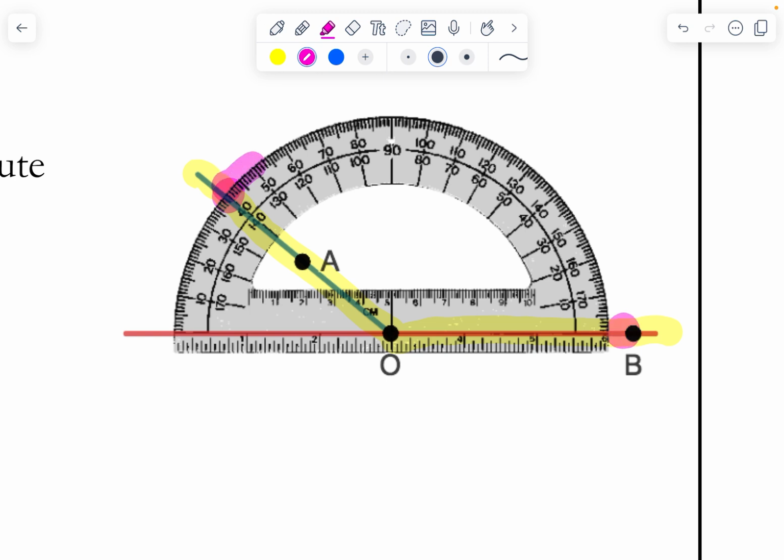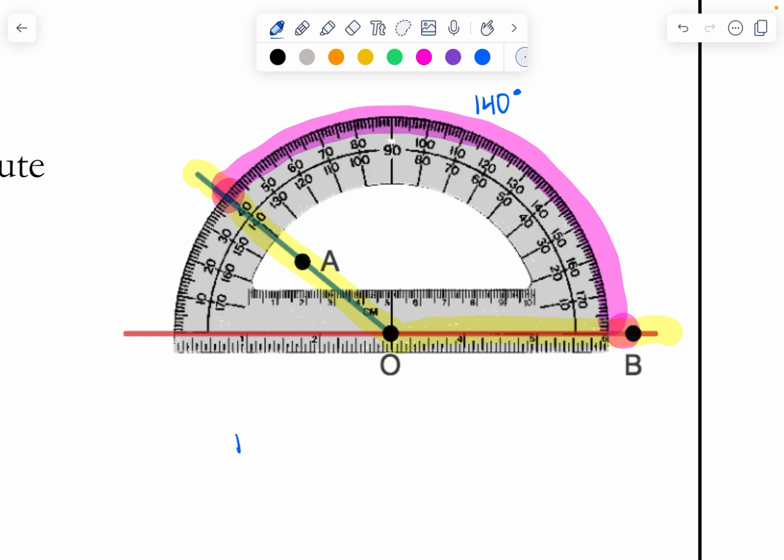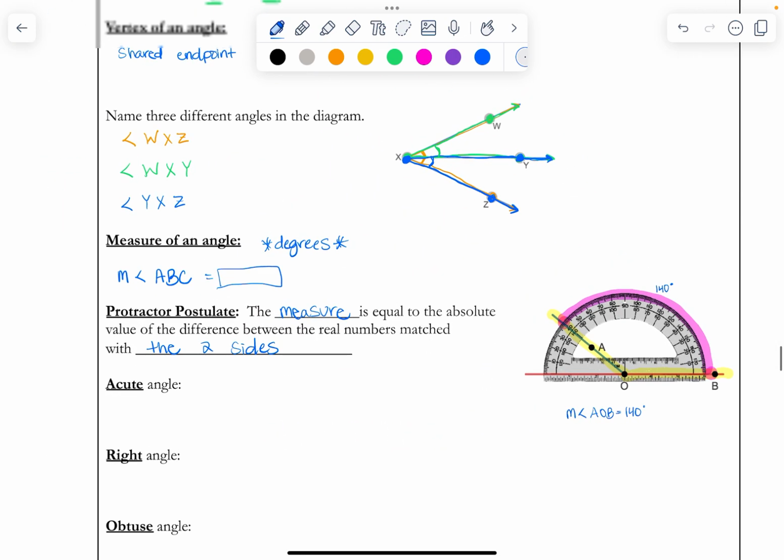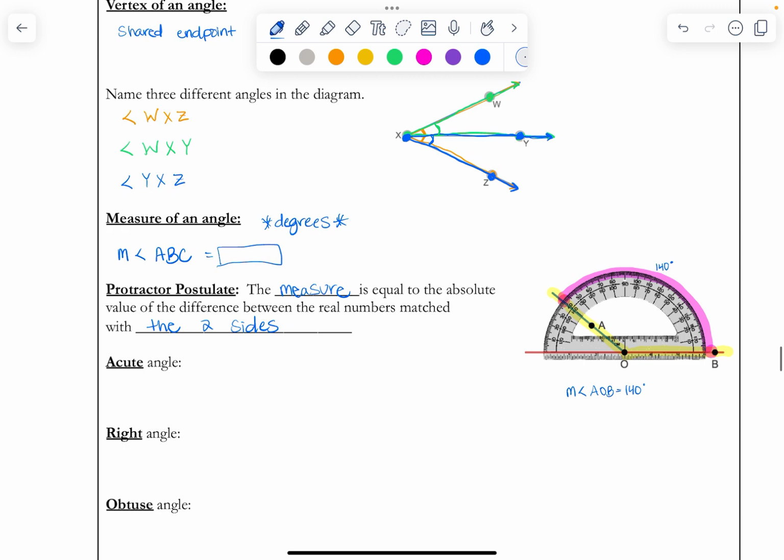So we would find the difference between 40 and 180, and we would know that that is 140 degrees. So the measure of angle AOB is 140 degrees. So that's an example of the protractor postulate.